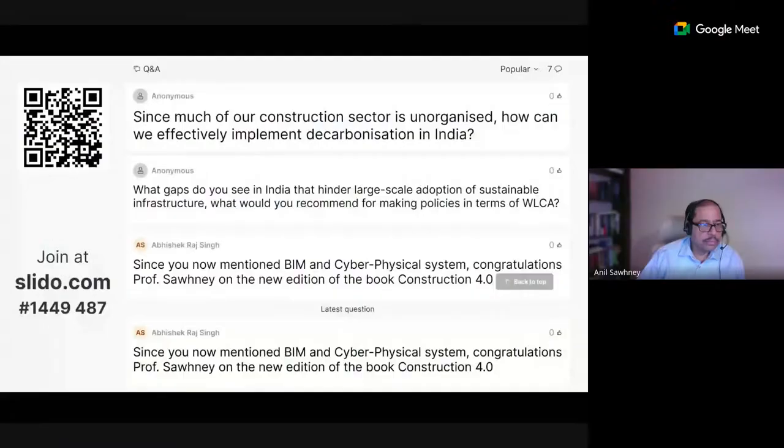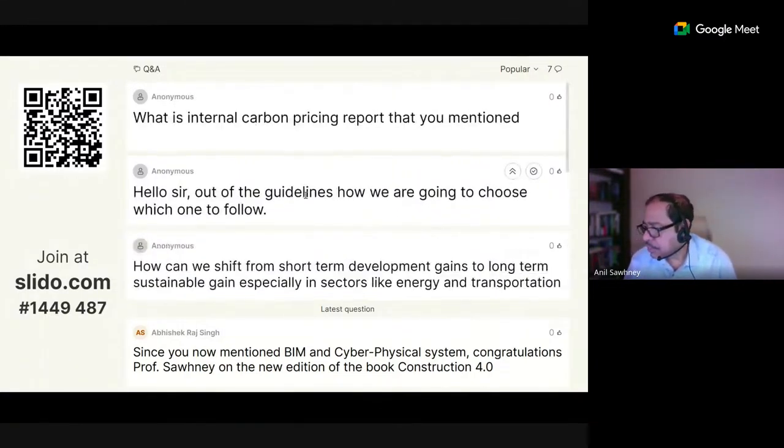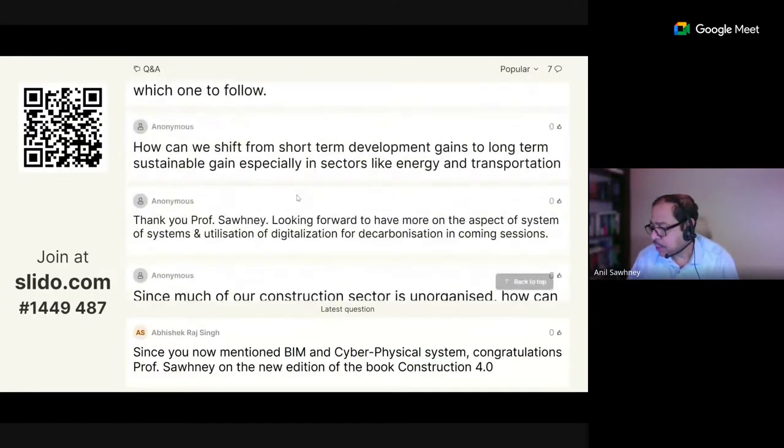You should be seeing on your screen or on Slido, I guess. Here we go. If you scan here or go to slido.com, it will store the question answers for our entire session, which is fine.